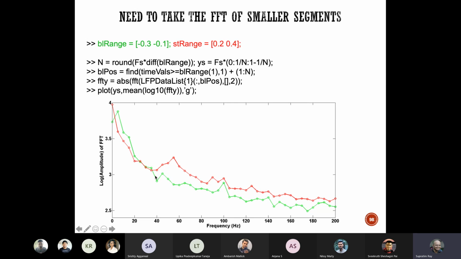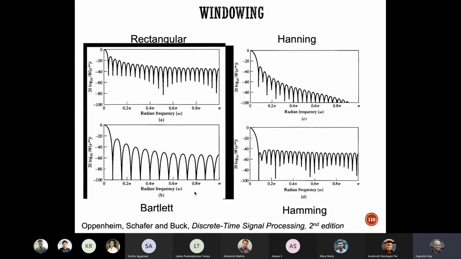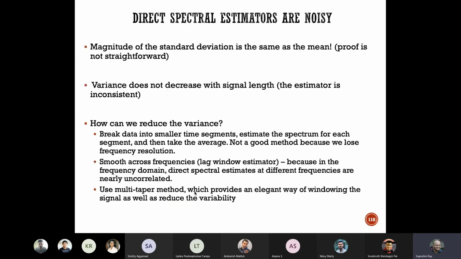So if you average across frequencies, which means you smooth it out, you are going to get a better representation of the true power. But again, this is another way in which you are going to lose the frequency resolution. Smooth across frequencies, because in the frequency domain, the direct spectral estimates at different frequencies are nearly uncorrelated. So this is another way.